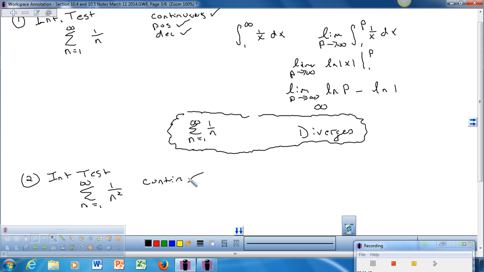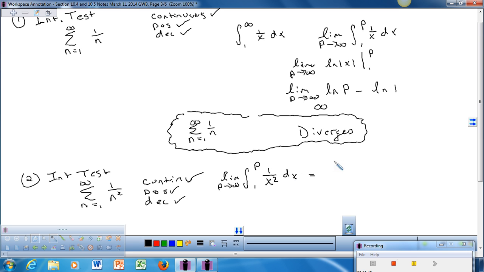That's a check mark. Are they all positive? Yep. And is it decreasing in absolute value? Done. So we can now set up our integral. I'll step ahead to the limit as p goes to infinity of the integral from 1 to p of 1 over x squared dx.